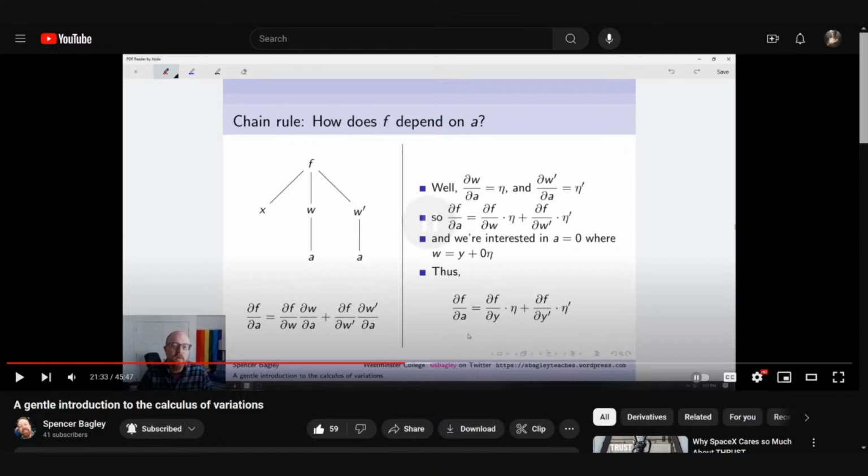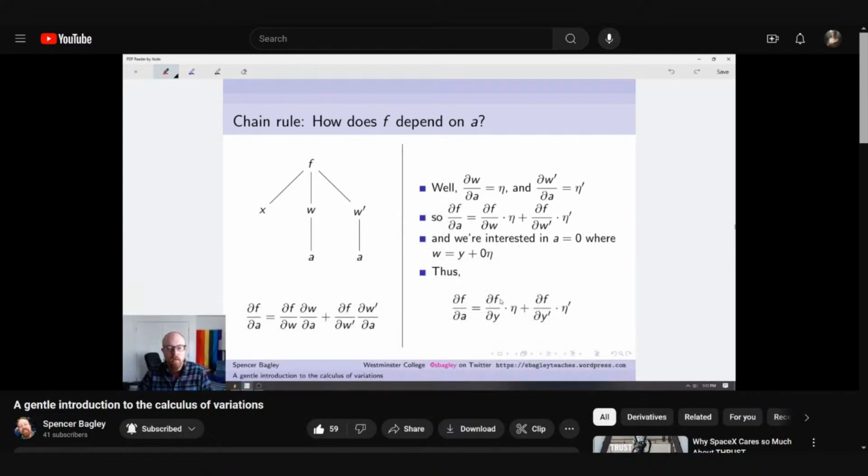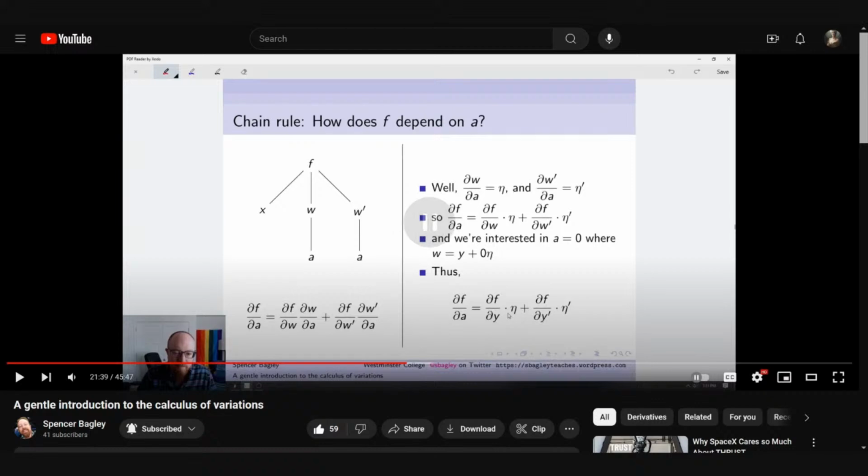As far as we ever cared, partial f partial a is going to be partial f partial y times eta, plus partial f partial y prime times eta prime.